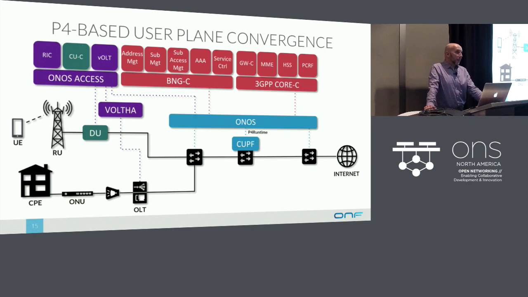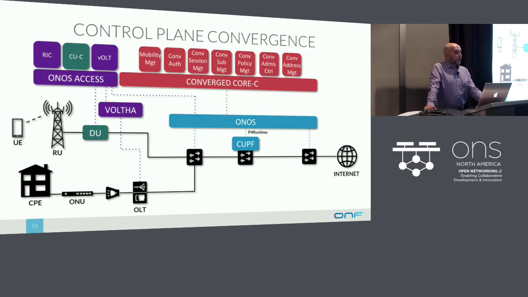And that requires an SDN control, first pushing down the converged user plane as a P4 application to run on P4 capable switches, and then using P4 runtime to push down compliant, either BNG compliant or 3GPP compliant messages to control this converged user plane function.